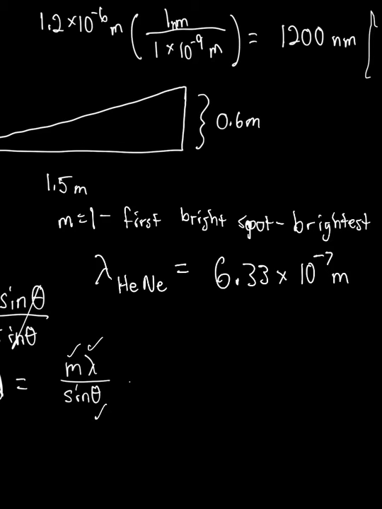Where's theta? Find it with a triangle. So this is my theta. How can I find that? Opposite over adjacent, which is tangent. So theta is the inverse tangent of 0.6 divided by 1.5.